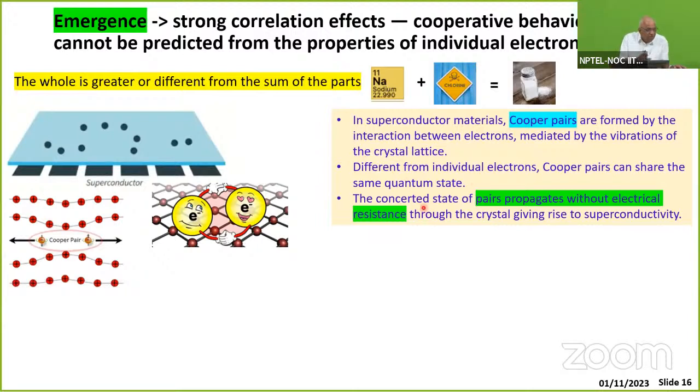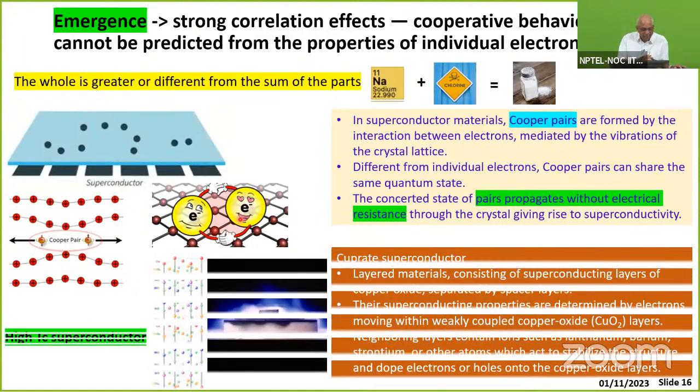And the shared state can propagate without any electrical resistance through the crystal, giving rise to superconductivity. So you have these two electrons joined together, behaving in a way that cannot necessarily be predicted from the behavior of the individual electrons.